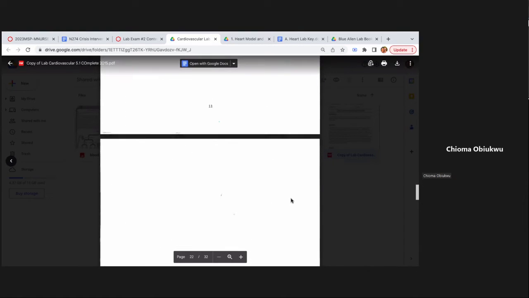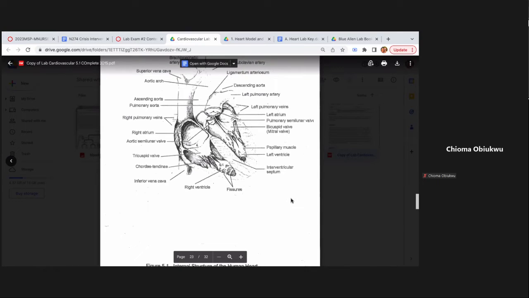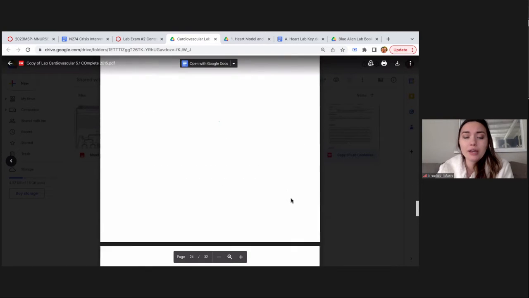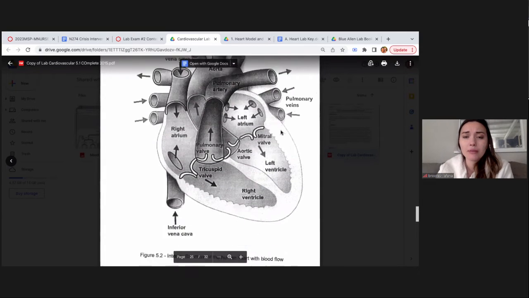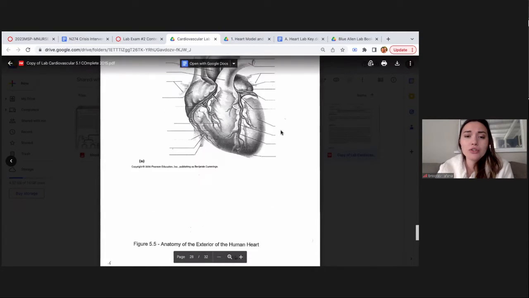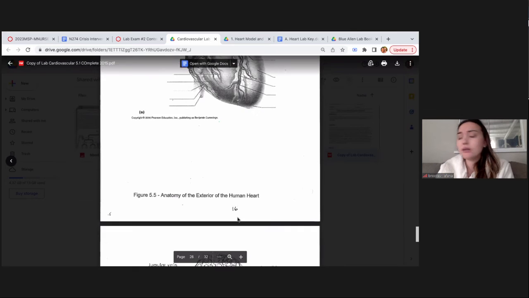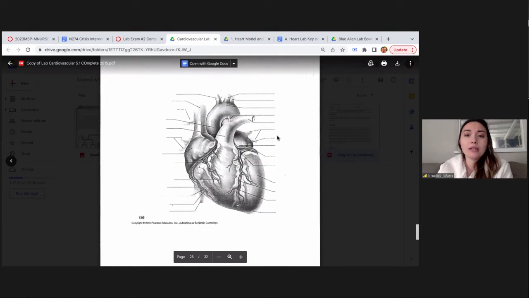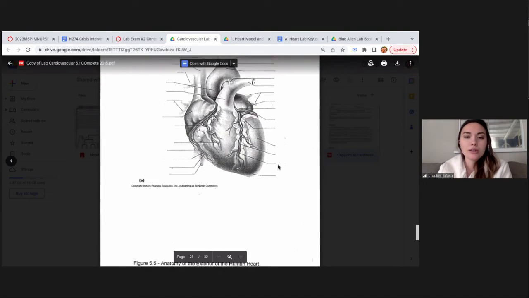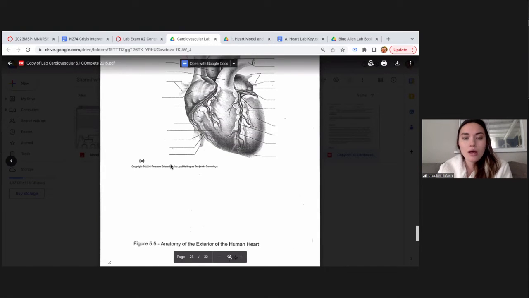Okay. So for the rest of the packet, the one thing I don't want you guys to forget to do, these are like helpful diagrams. On page 16, is everybody seeing page 16? You have to fill this out and label it. If you don't label this, I believe it's 3 or 4 points you miss, it's just easy points to do.